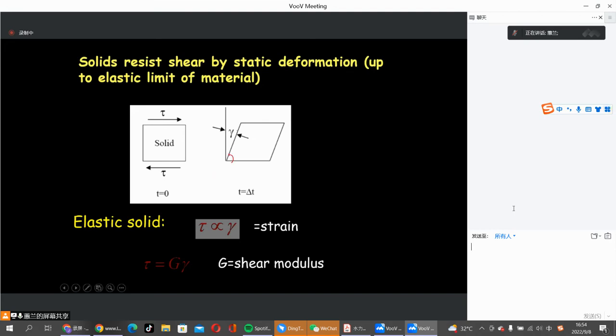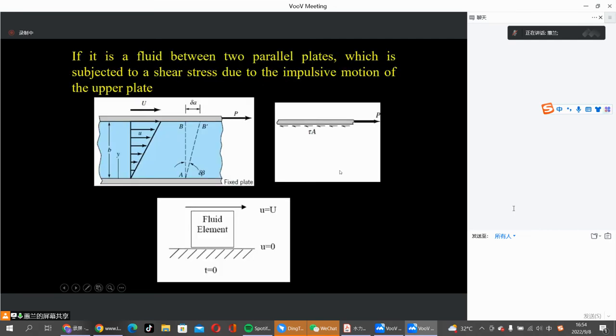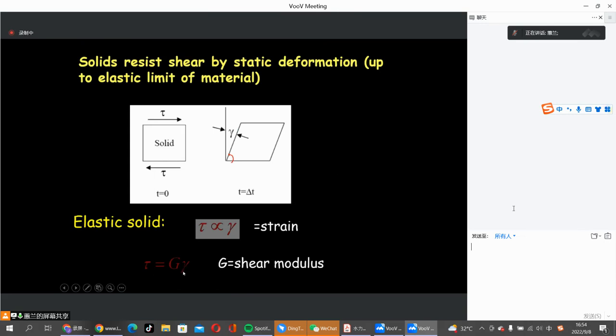It's called shear deformation. And we have this Hooke relationship, Hooke's formula: the shear stress is linear to the shear strain, where G is the shear modulus.